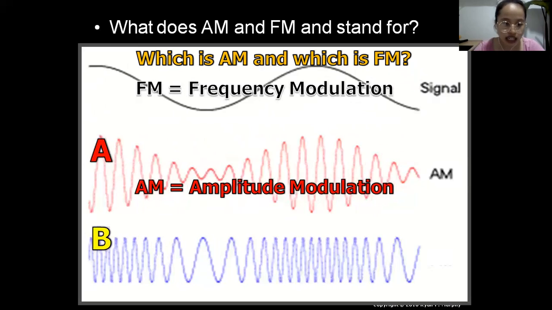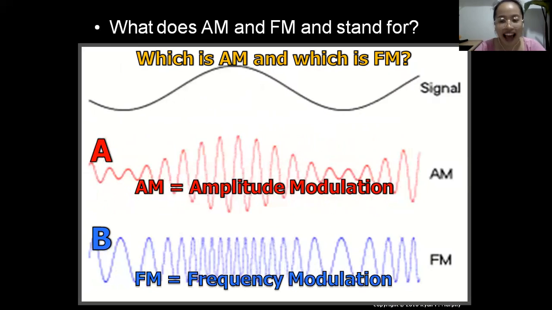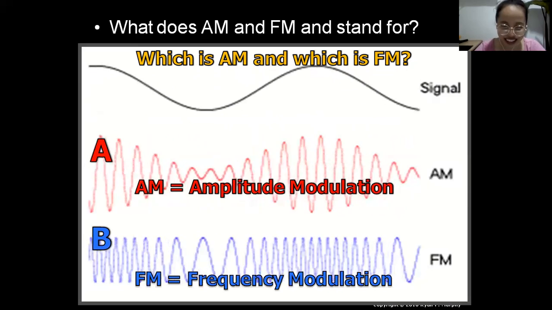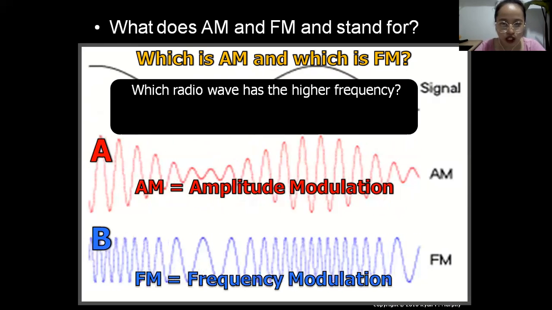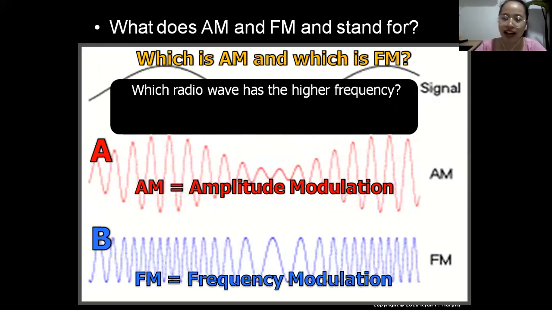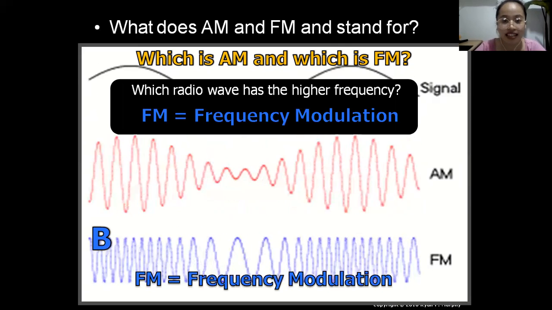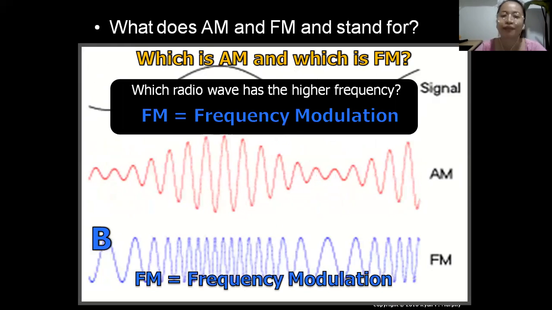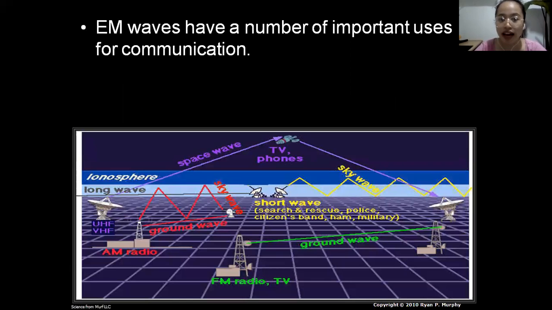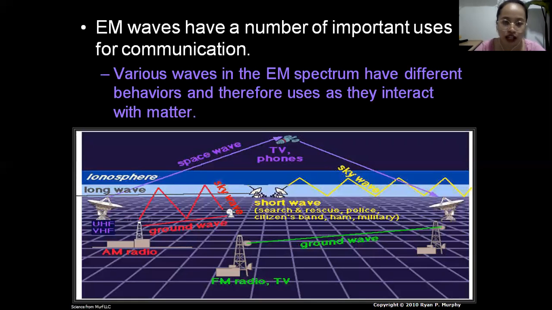And for B, that is your FM. Very good, grade 10. So which radio wave has the higher frequency? It's the FM.